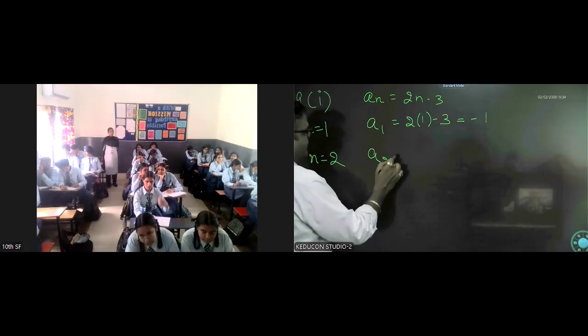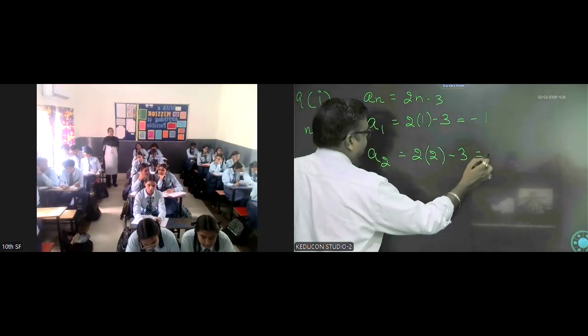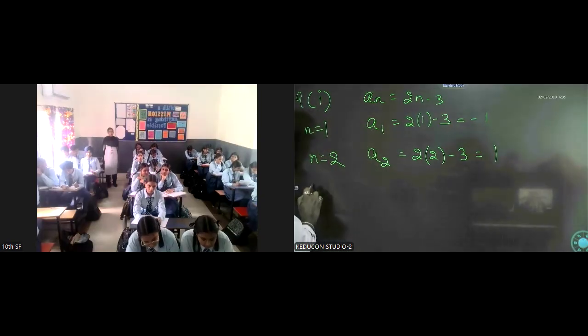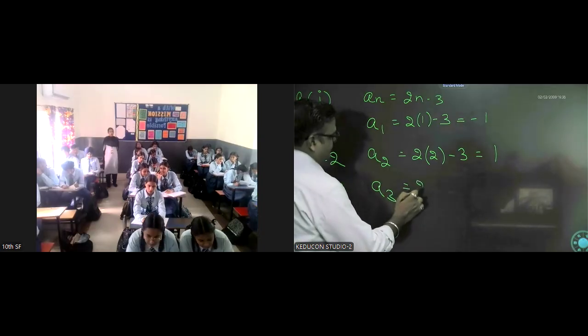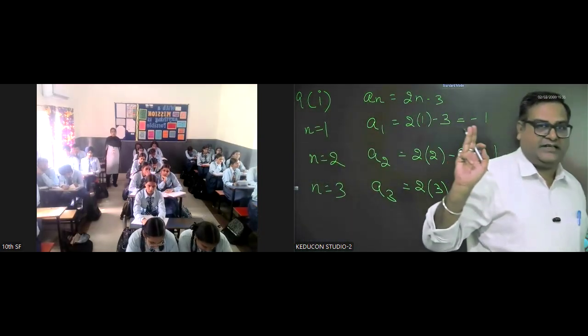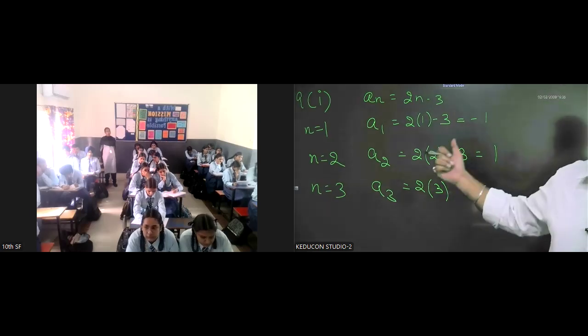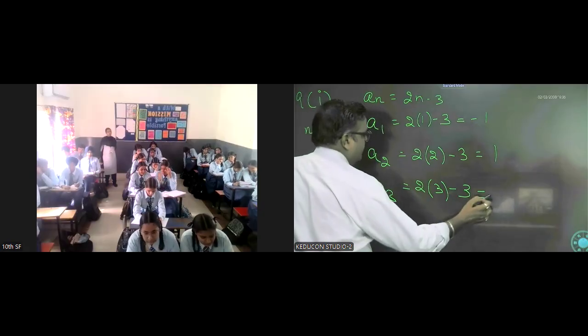That will be the second term. Similarly, if you want, you can put N as 3. You must put 3 values at least. Why? I'll tell you later on. This will be 3.